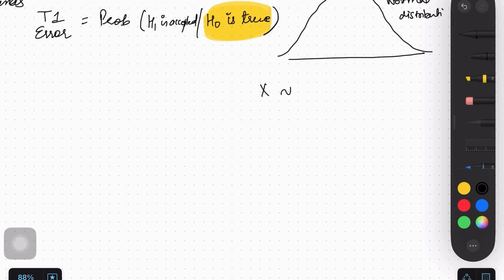Now where is this condition applied? This condition is applied on the distribution. That means if I'm looking at a normal distribution, where my random variable follows a normal distribution defined as mu and sigma square, right?